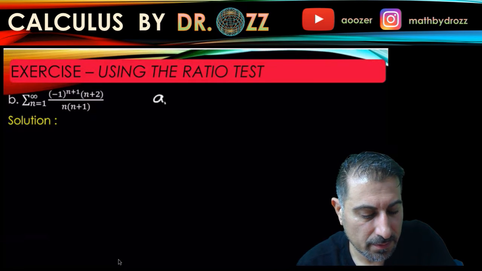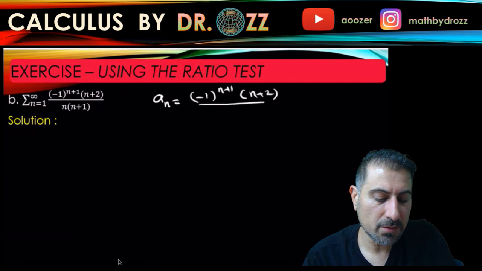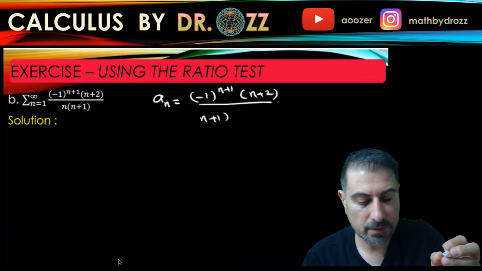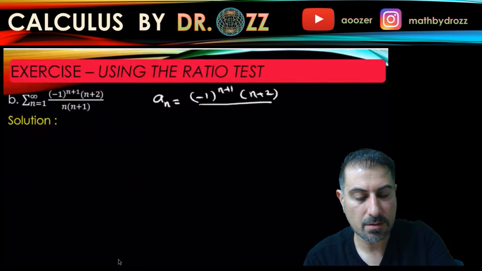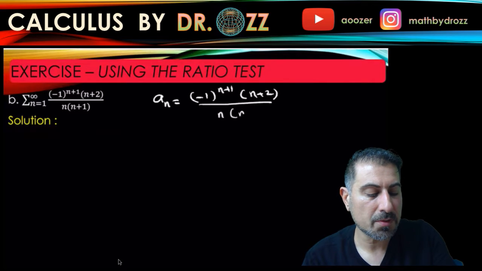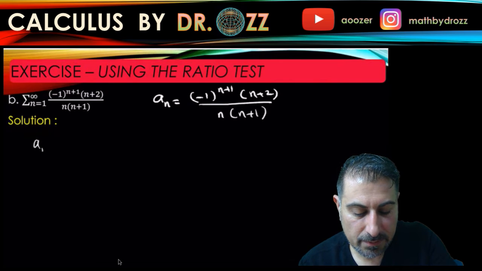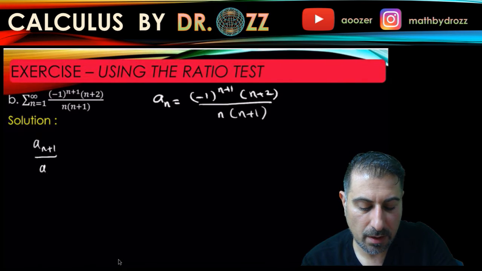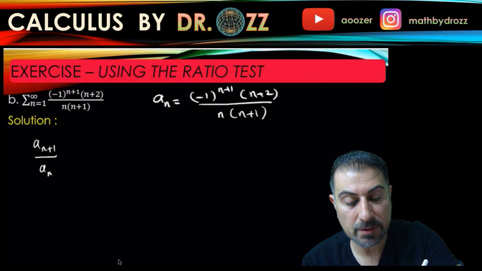So a_n in this case is (-1)^(n+1) (n+2), sorry, this is going to be n times (n+1). Okay, so I'm going to look at the ratio a_(n+1) over a_n, but I'll take the absolute value as well.